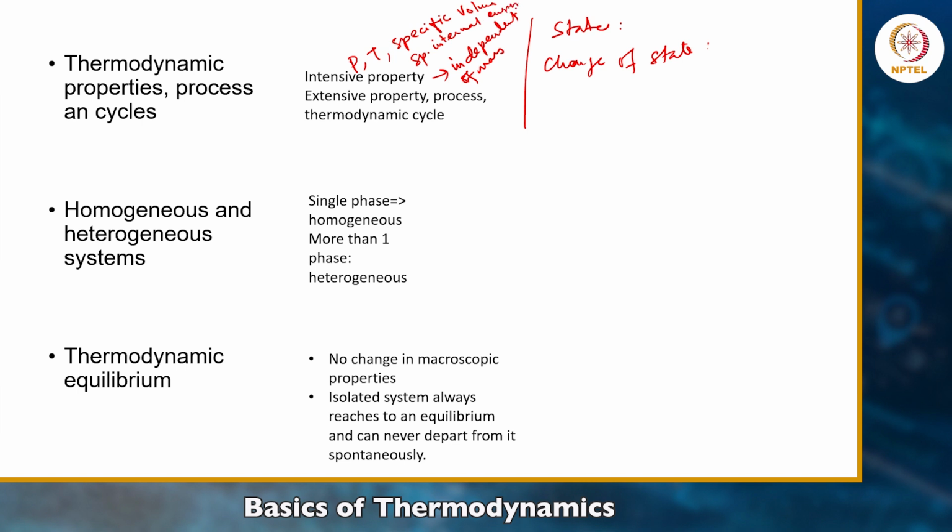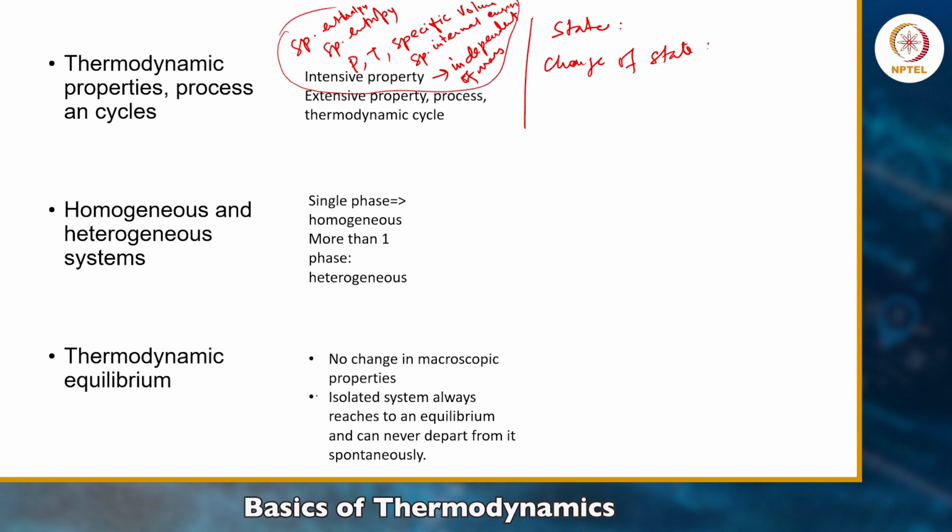When something is per kg of mass, that becomes an intensive property because it becomes independent of mass. So specific volume, specific internal energy, specific enthalpy, specific entropy, all of these come under intensive property.